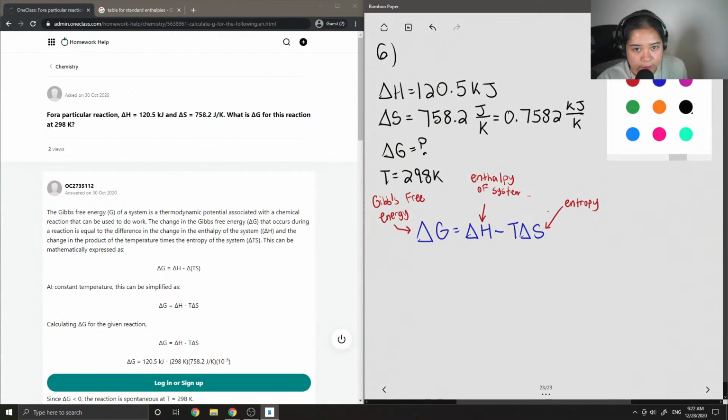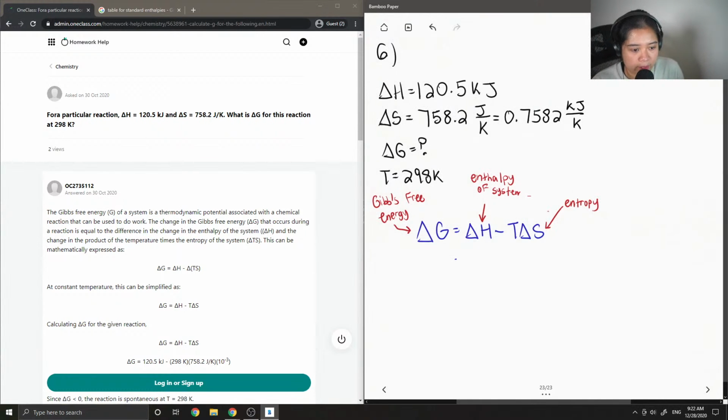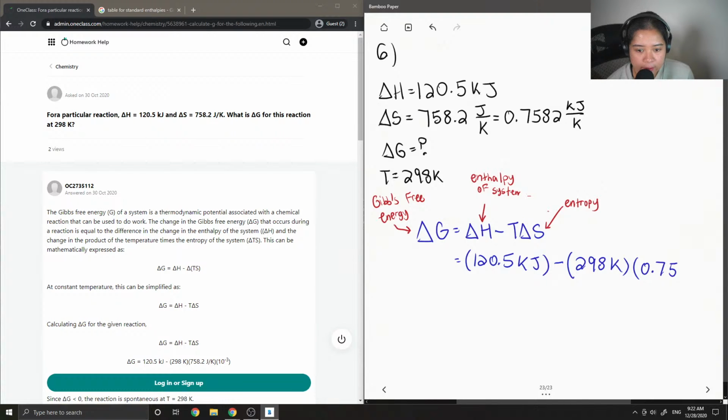Okay, so after that conversion, we can plug everything into the equation. Enthalpy is 120.5 kilojoules. T is just 298 Kelvin. And the delta S is 0.7582 kilojoules per Kelvin.